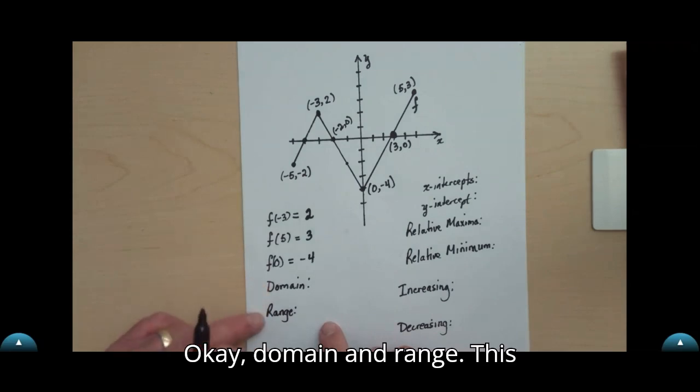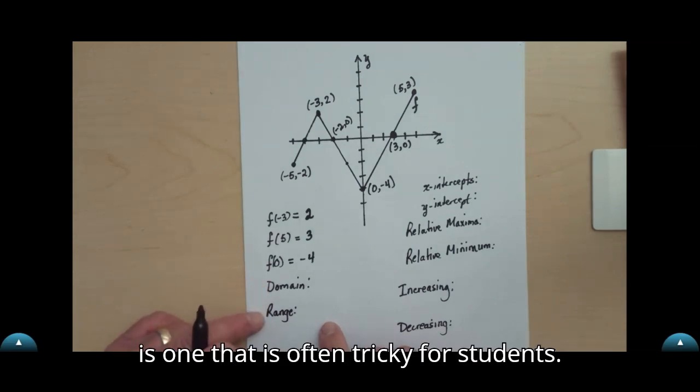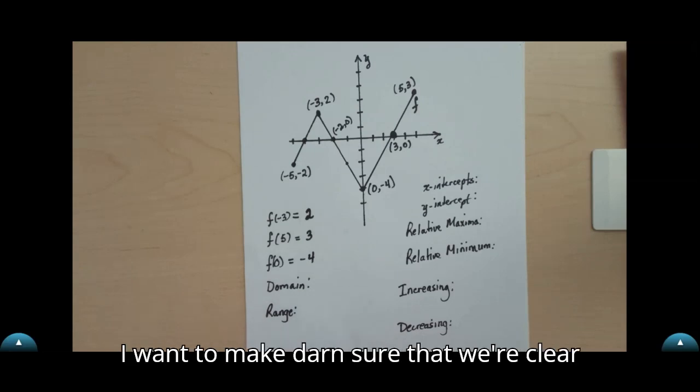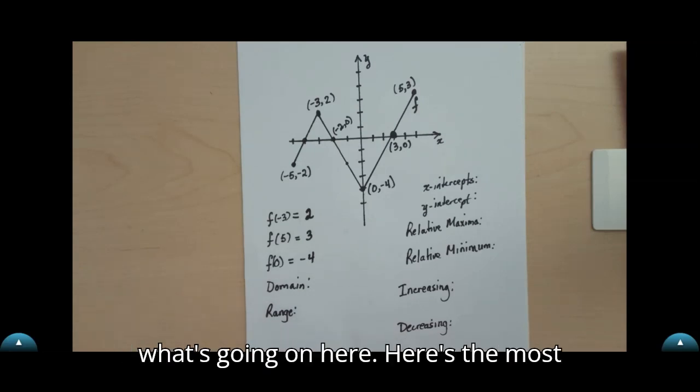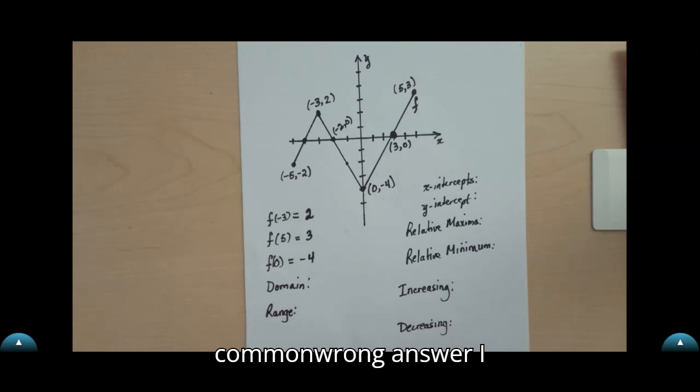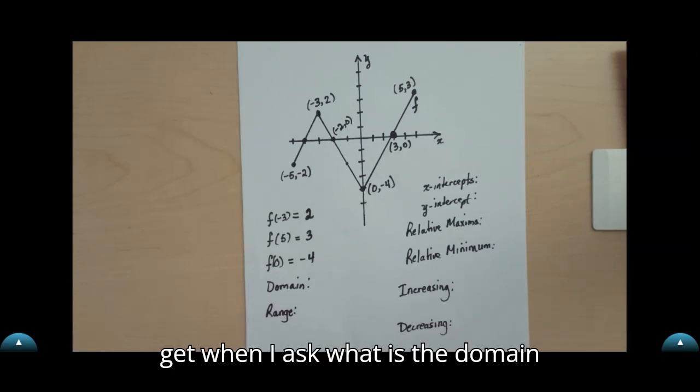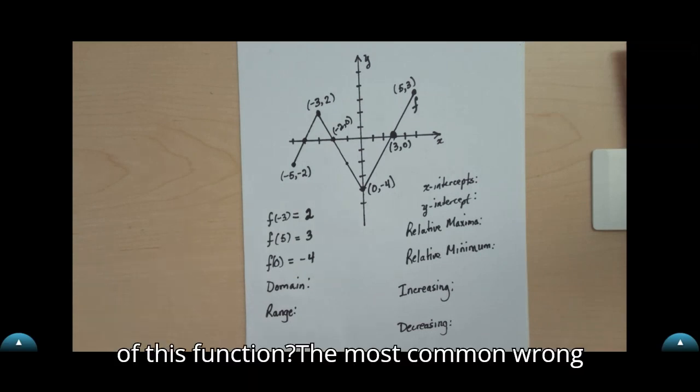Okay, domain and range. This is one that is often tricky for students. I want to make darn sure that we're clear what's going on here. Here's the most common wrong answer I get when I ask what is the domain of this function.